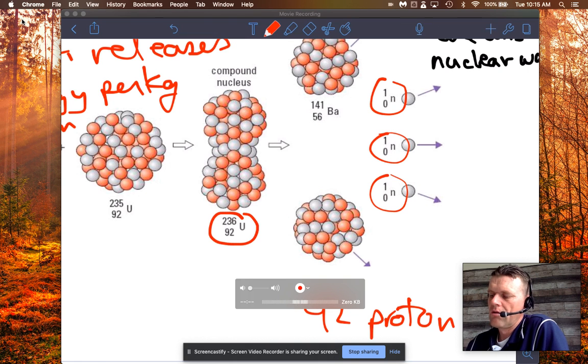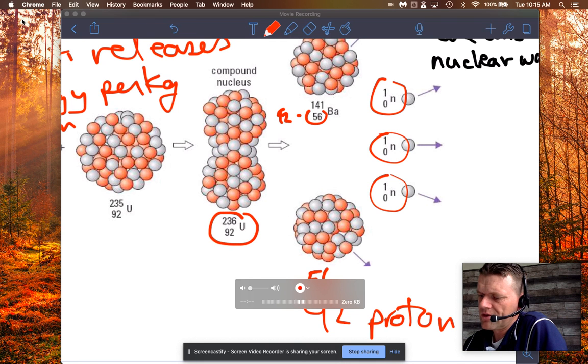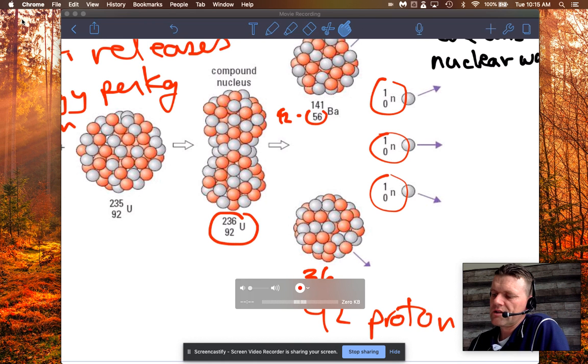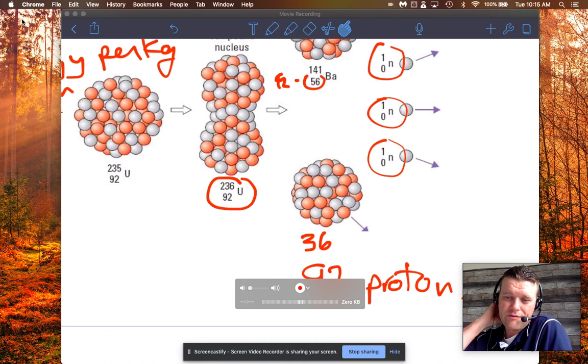So we'd have to go 92 minus 56, because there's 56 protons up here. I'm overthinking this. Yeah, we get 36 protons. So this element down here would have 36 protons.